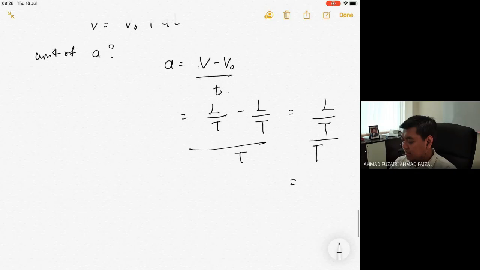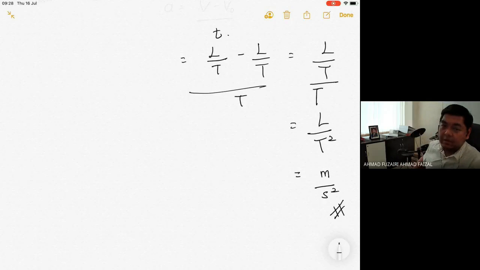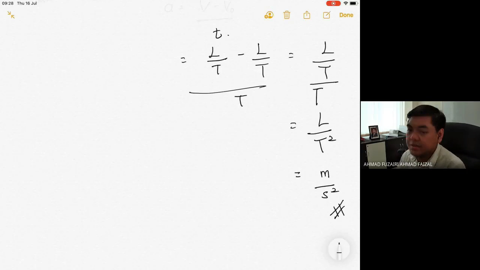Kita akan dapat L over T square. Ni baru dia punya dimensional. Bila kita convert kepada unit, dia akan jadi M per S square. So that will give you the final answers. So that is dimensionally consistent. Itulah dia. So far ada soalan tak?